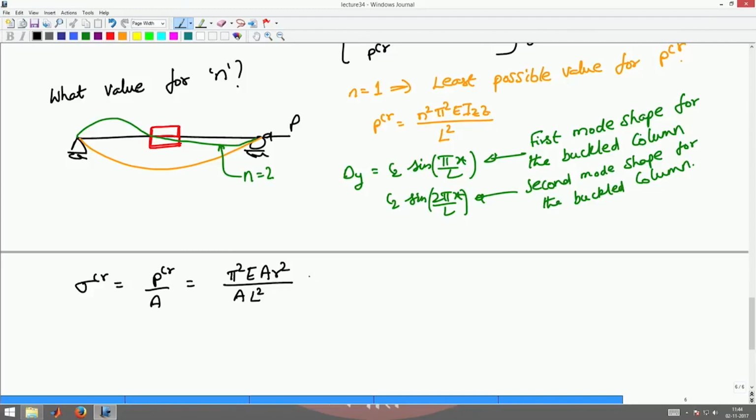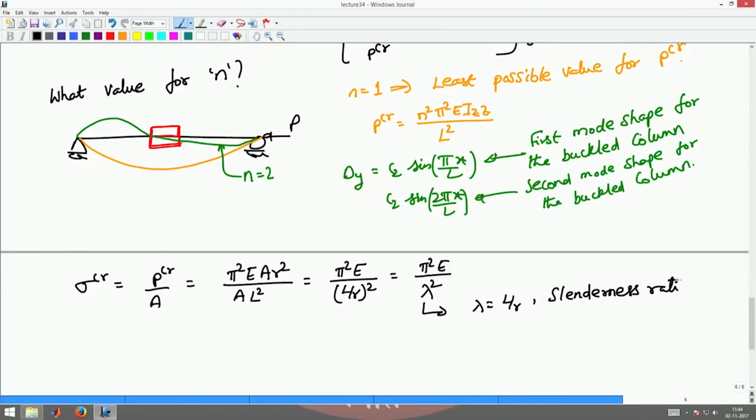So, this will give me pi squared E by L by r, the whole squared, okay. Now, this L by r is called the slenderness ratio lambda, this is lambda is L by r, this is called the slenderness ratio.